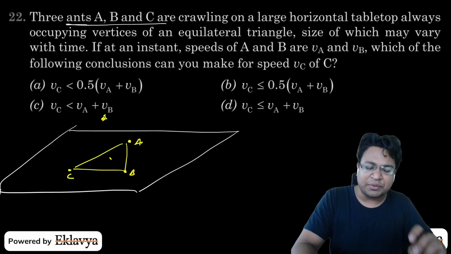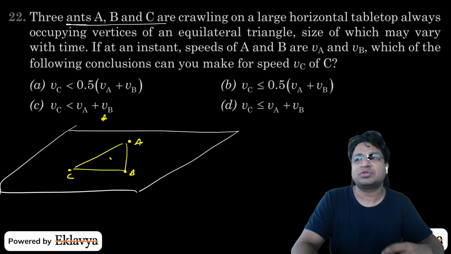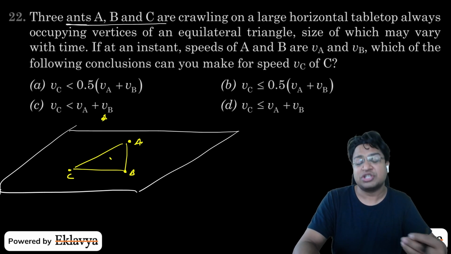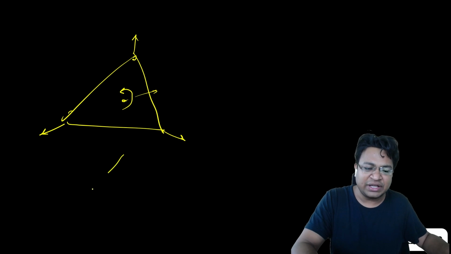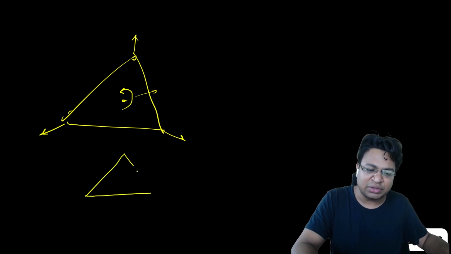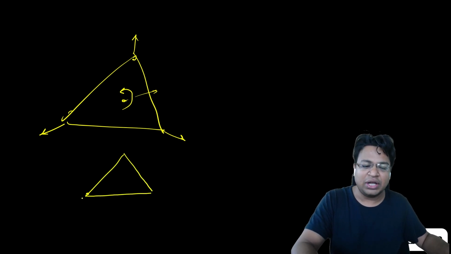So whatever options are listed here, if they are generally true, they should be true for any situation that I choose. All right, so let's choose a situation in which we make an equilateral triangle using 3 rigid rods. Let this be A, let this be B, let this be C, and let's keep A as stationary and let's rotate this triangle with an angular velocity omega.